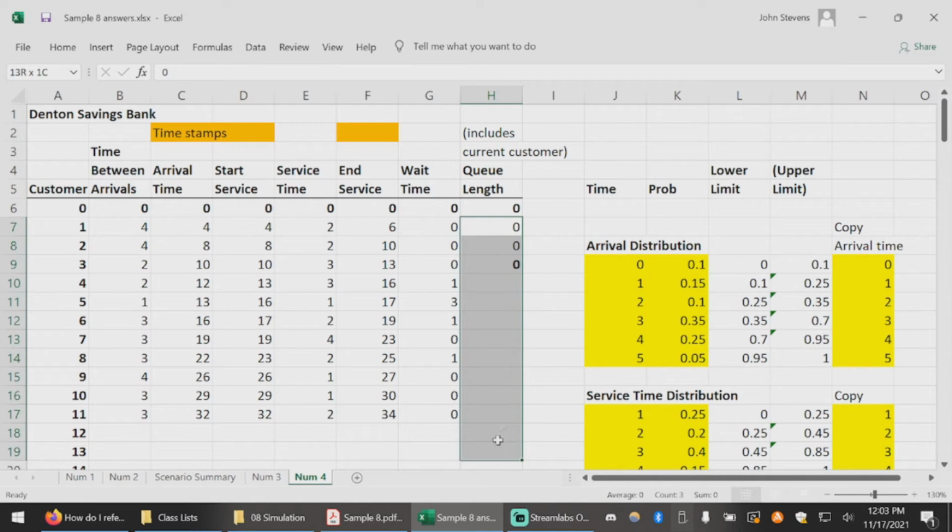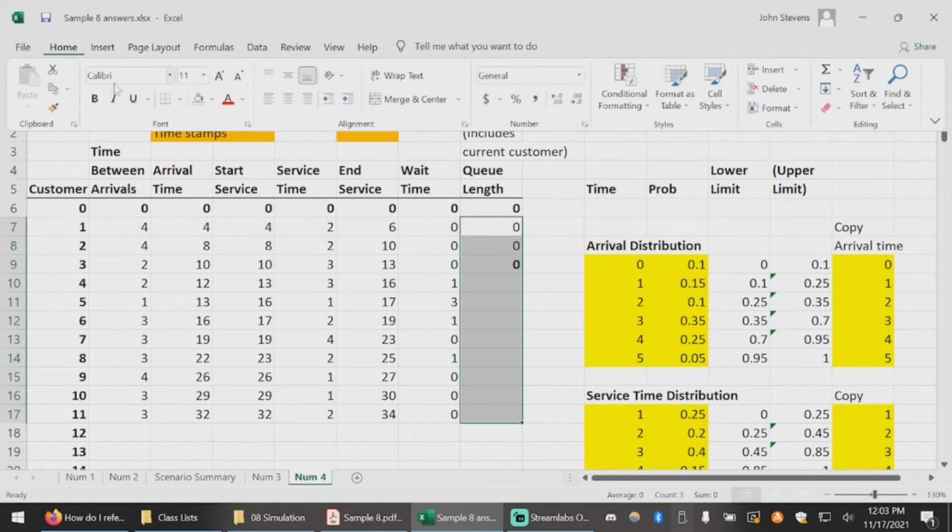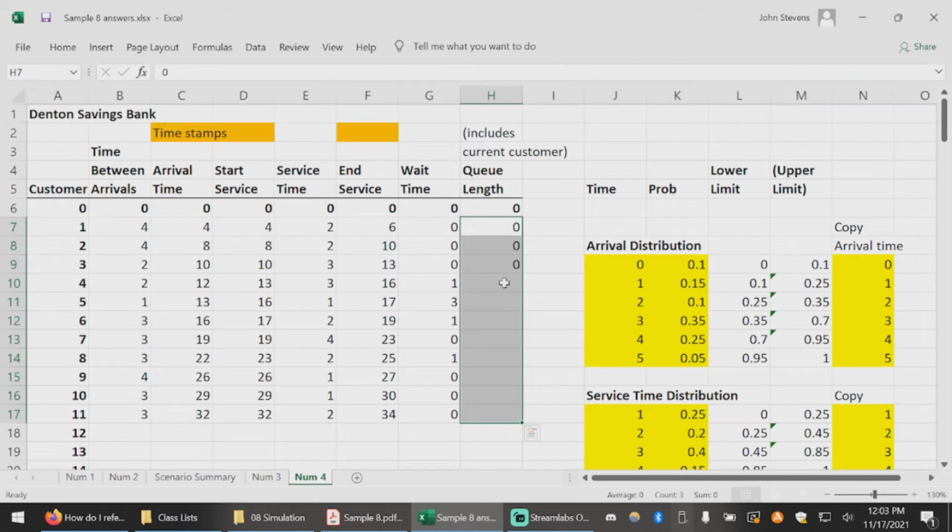Why bold? It's random cells being bold. It's bothering me. Okay, customer number 4 arrives at minute 12, starts service at minute 13. So that person is definitely in the line waiting.